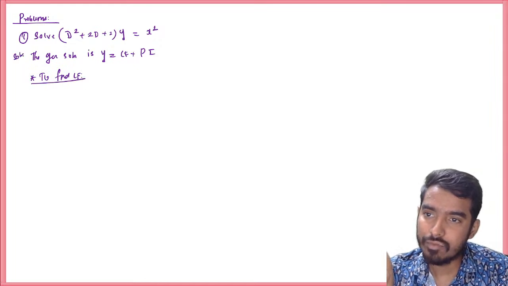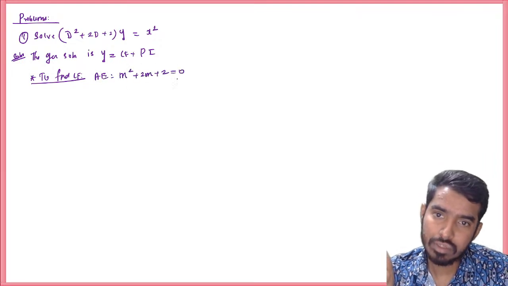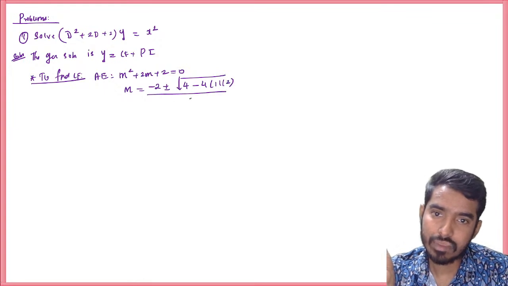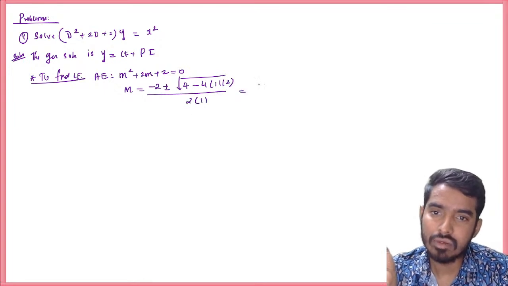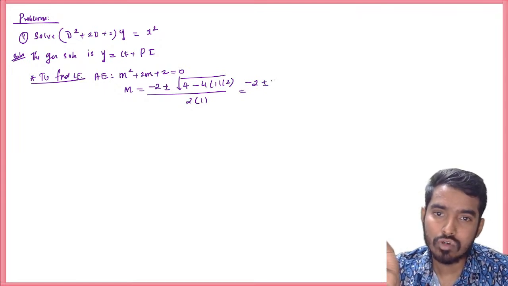To find CF, we have an auxiliary equation: m square plus 2m plus 2 is equal to 0. m is equal to minus b plus or minus root of b square minus 4ac divided by 2a. So minus 2 plus or minus, this will be 4 minus 8, which is minus 4.